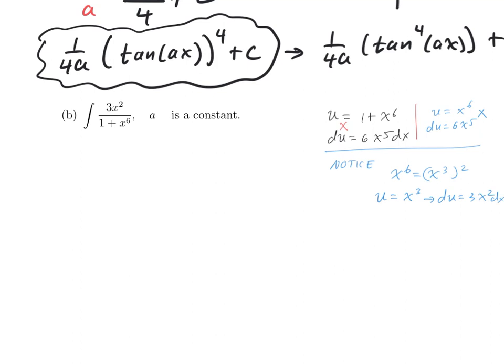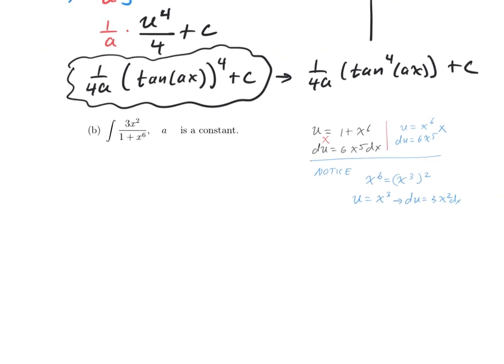So therefore this should be the substitution. So therefore what you should say is let u equal x cubed. So therefore du will give you 3x squared dx.